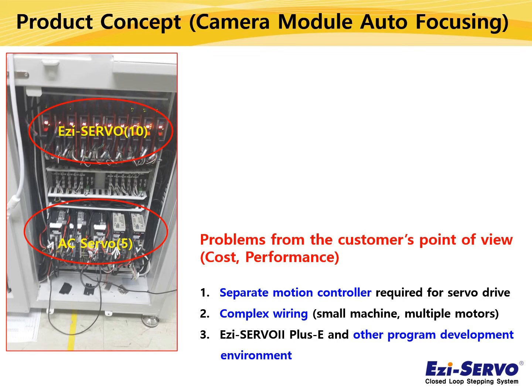This is cumbersome from the customer's point of view, and costs are increased by a separate motion board to control the 5-axis AC Servo. In addition, long and thick bundles of wires connected from the pulse end of the AC Servo to the motion board are required, making the wire complicated. In the next chapter, I will explain this in the picture.